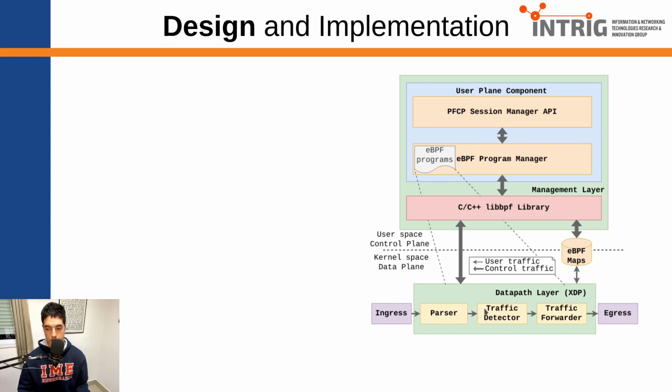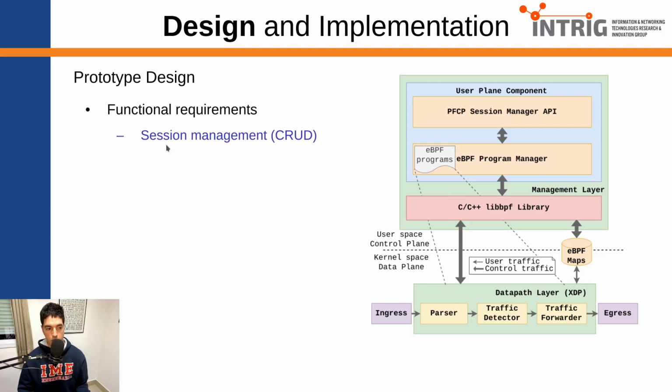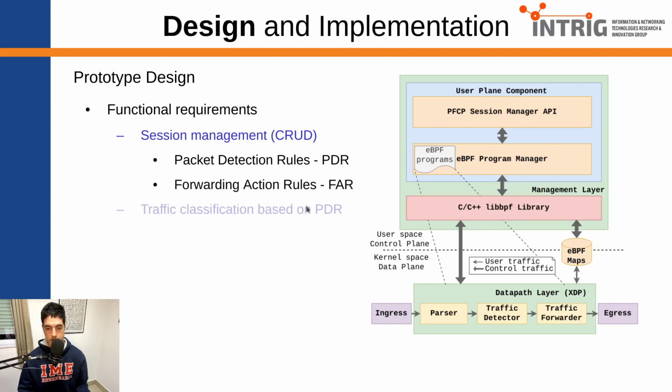So for every session, there will be a program inside the kernel that represents that context. And for this, we defined some requirements: session management, that will manage the PDRs and the FARs. So this layer is responsible for that. And traffic classification based on the PDR, and traffic forwarding based on the FAR here.